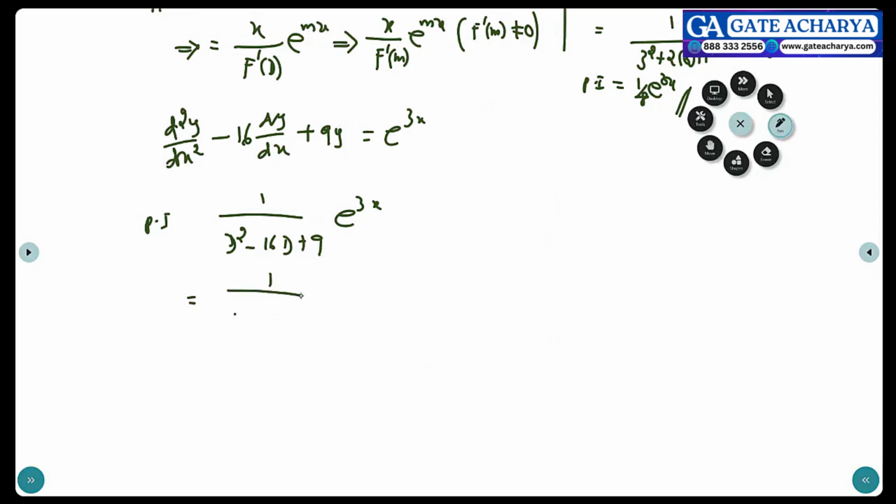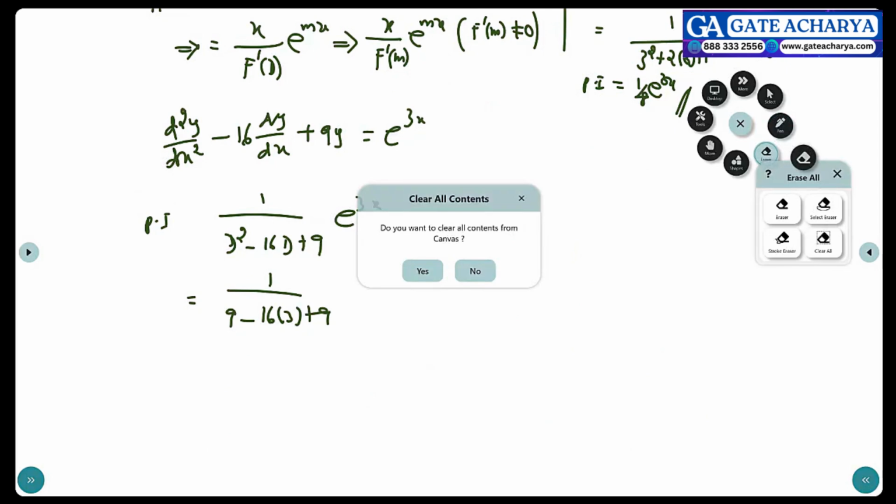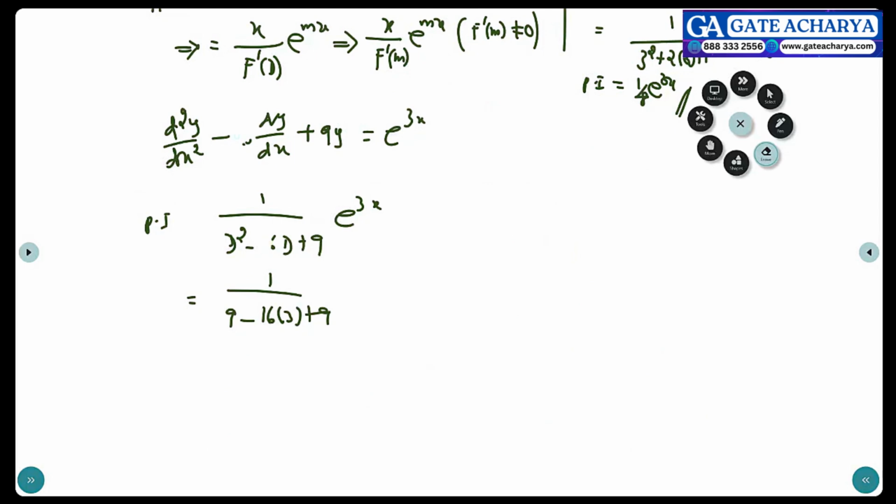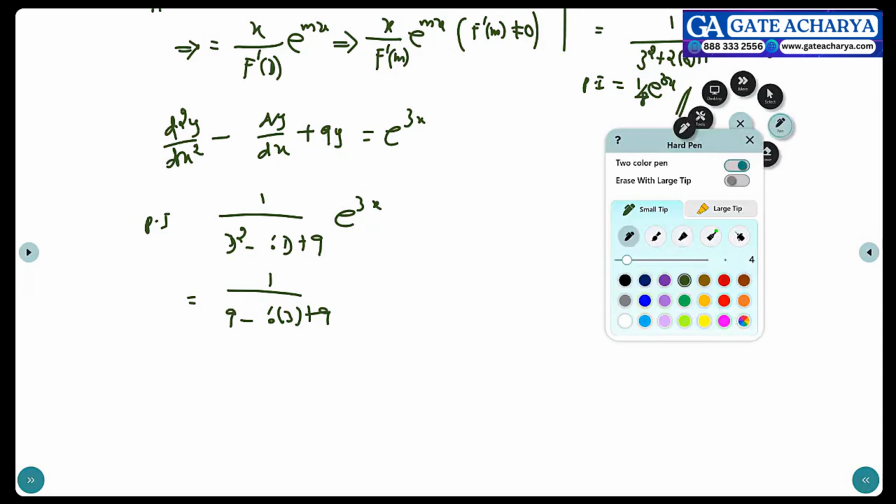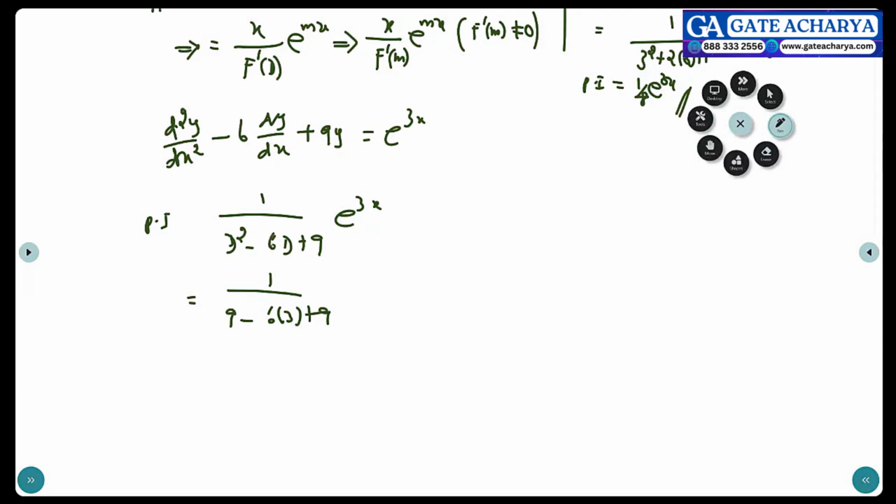So 1 by 3 square is 9, minus 6 into 3, plus 9, into e power 3x. Not 16, 6. So 18 minus 18, 0.